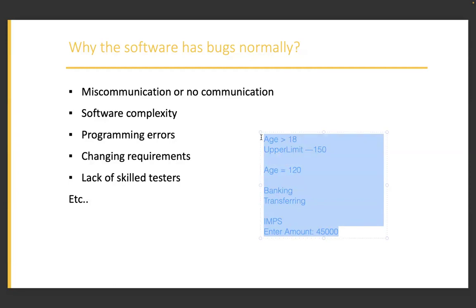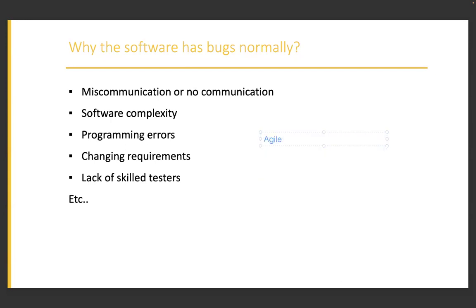Okay, next is changing requirement. There are a few models, guys, like waterfall model, spiral model, V model. The disadvantage of all these models is that they were not able to handle the scenario of changing requirement. As I mentioned, currently we are implementing agile, guys.